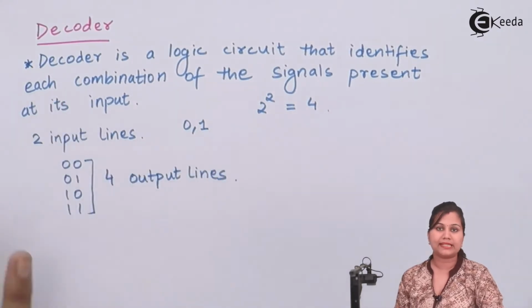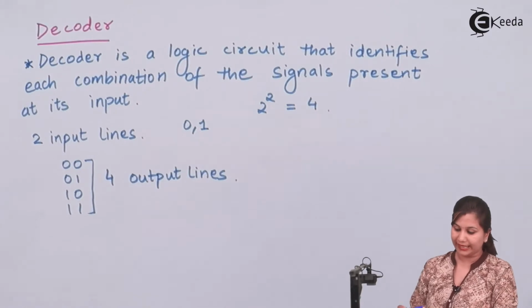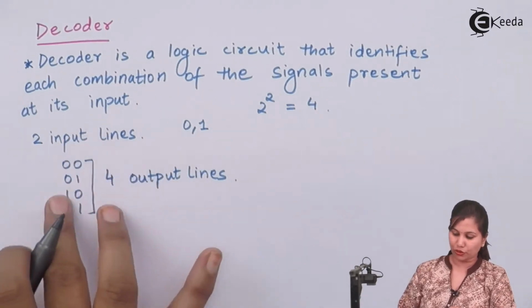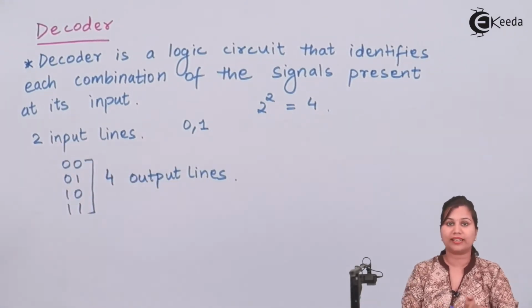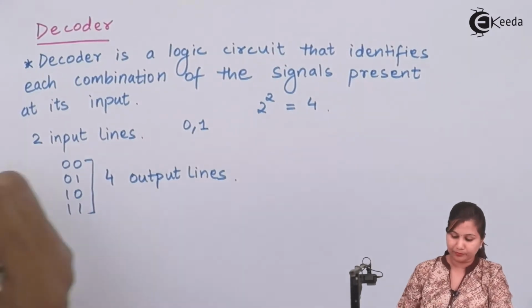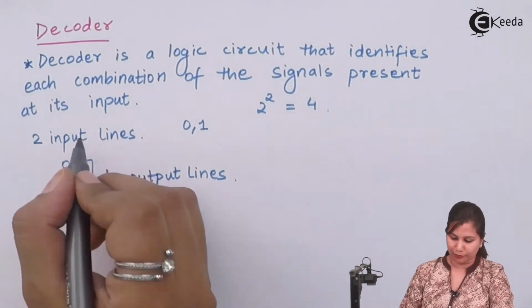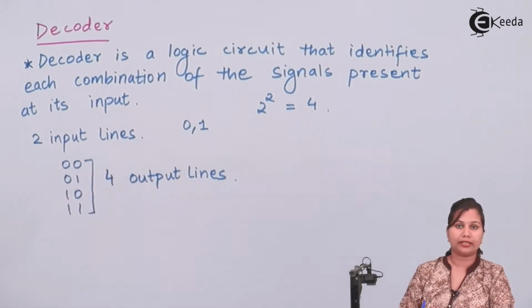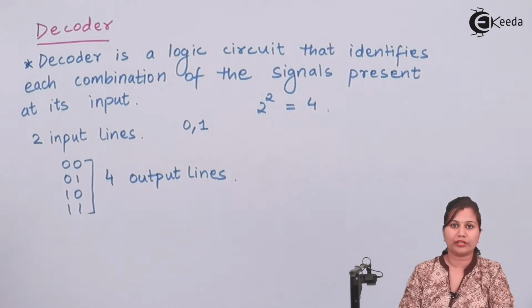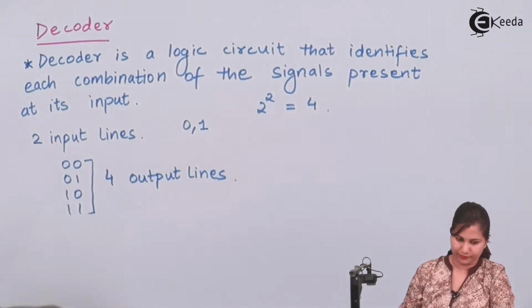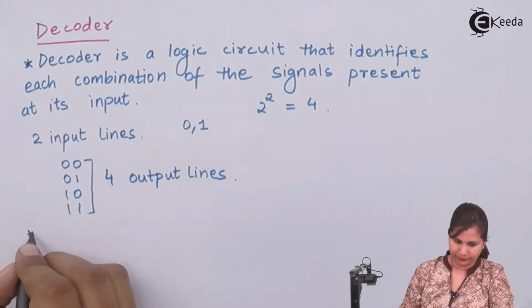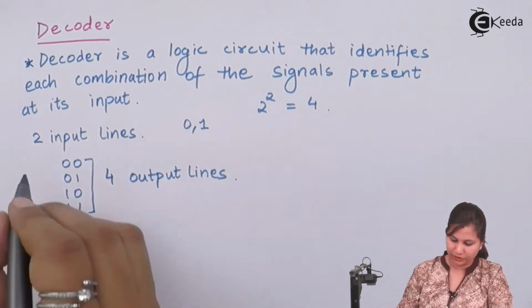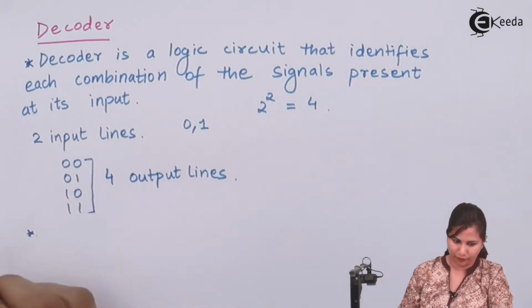What the decoder is doing is identifying each combination of the signals given at its input. For each input combination, we have the corresponding output.